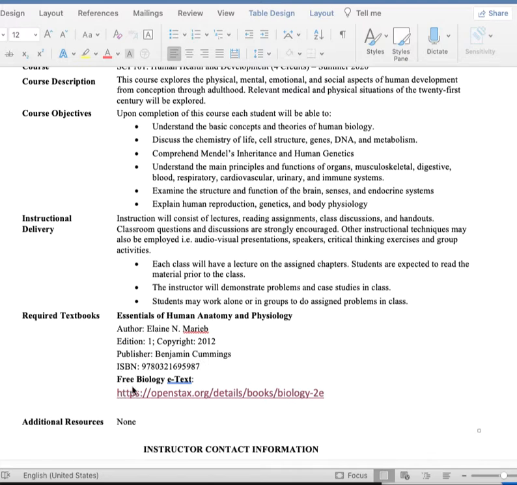The other textbook is a free electronic textbook. Once you type this address in the browser, you can access the biology book for free. I think you need to register first. It's not a difficult process.